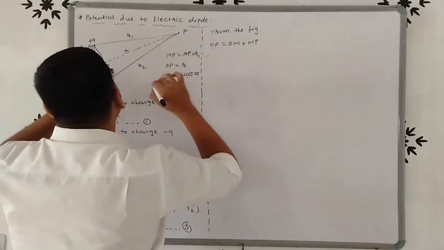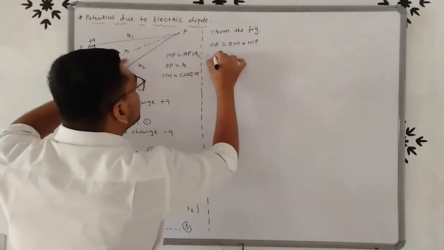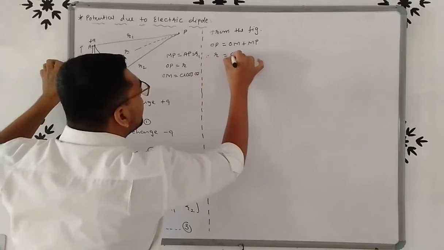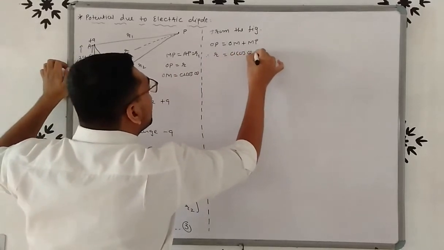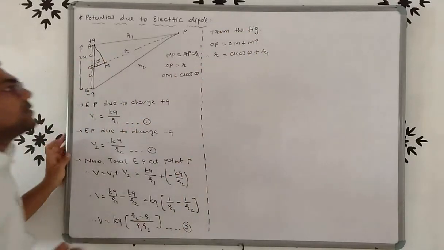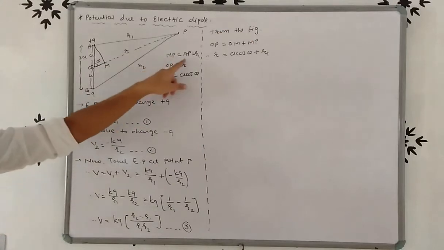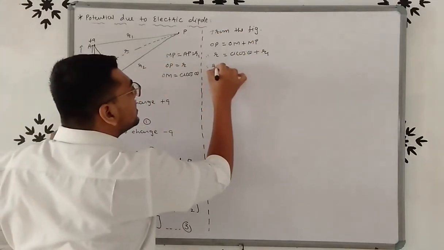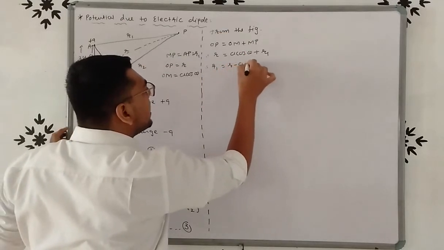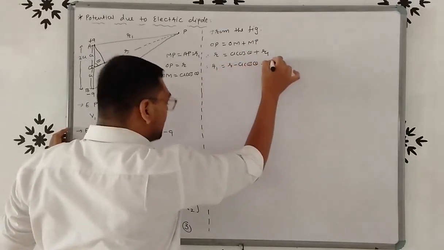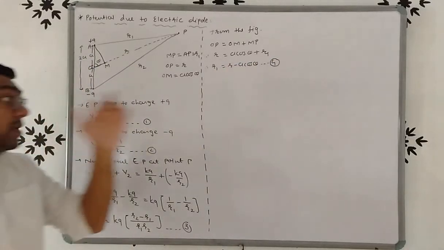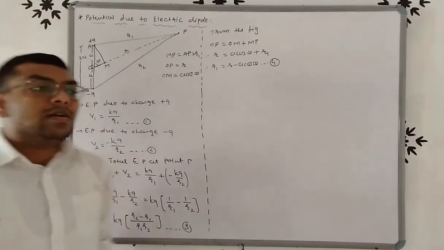So OP, the total distance R, is equal to OM, the adjacent side, A cos theta, plus MP, that is R1, right? Because MP is equal to AP is equal to R1. So R1 is equal to R minus A cos theta, that is equation number 4.